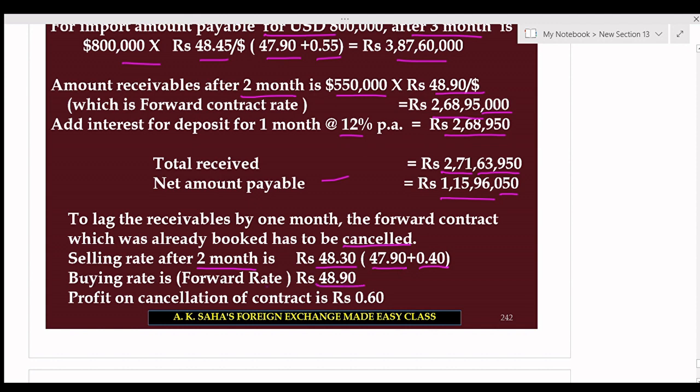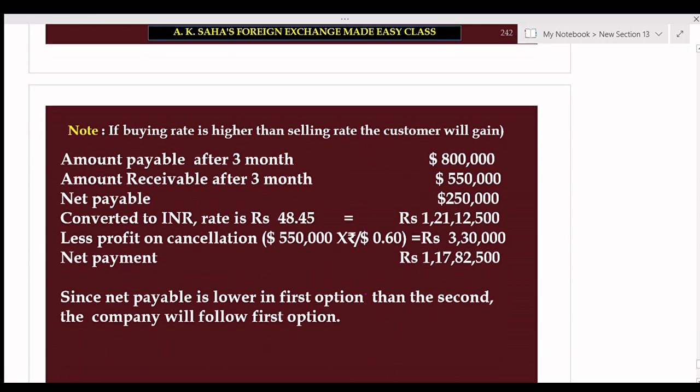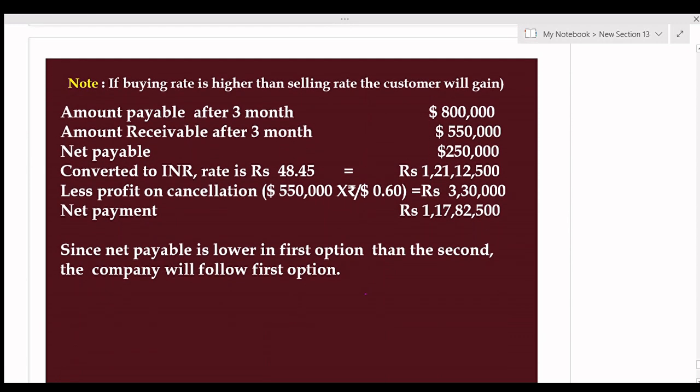Here the selling rate is less than the buying rate, so the exporter will gain rupees 0.60 per dollar for cancellation. If the buying rate is higher than the selling rate, the customer will gain.